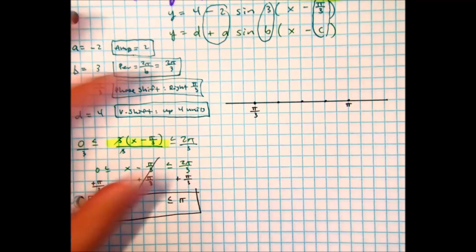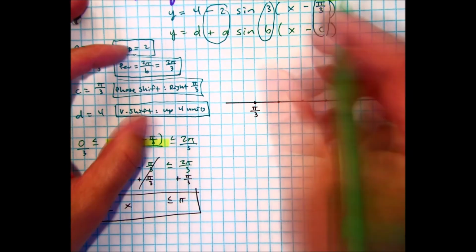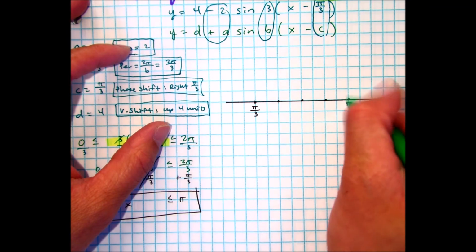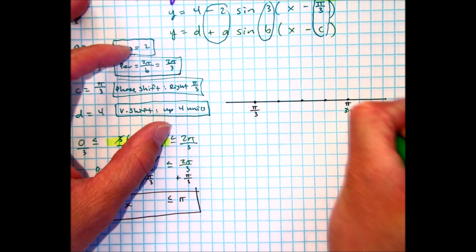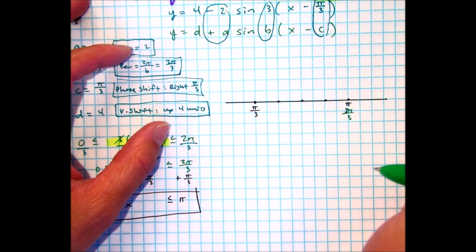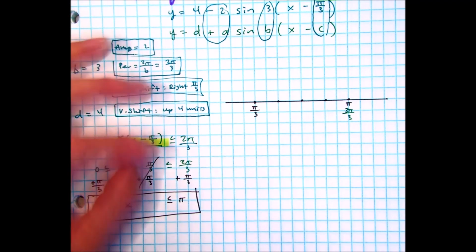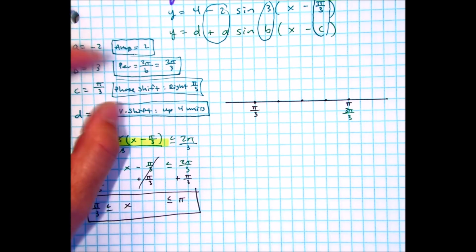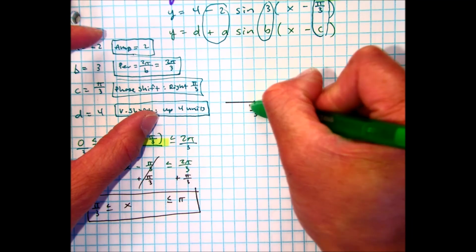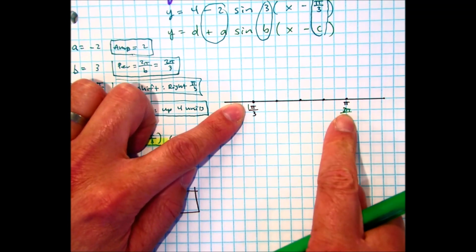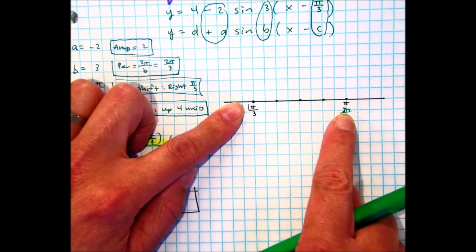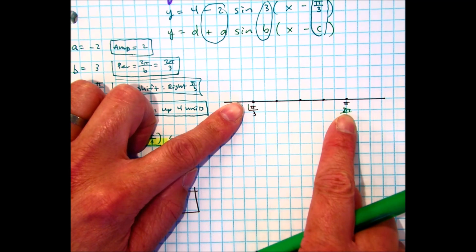And if you're struggling with the fractions, just make them common denominators. So I have 3 pi over 3. And I have a 1 there. So class, what's 1 plus 3? And 4 divided by 2 is?